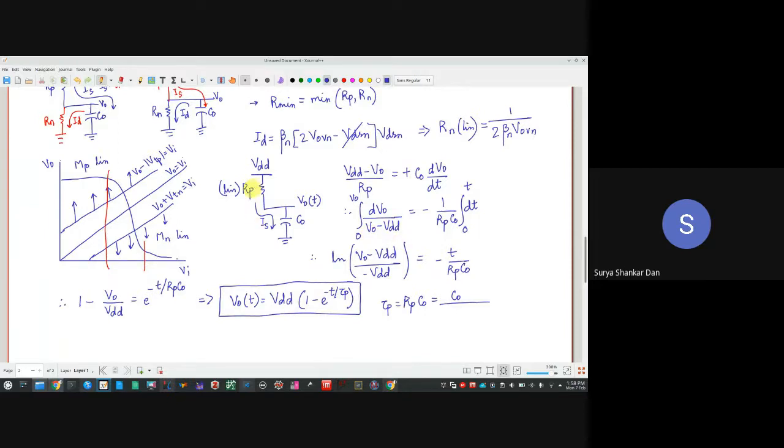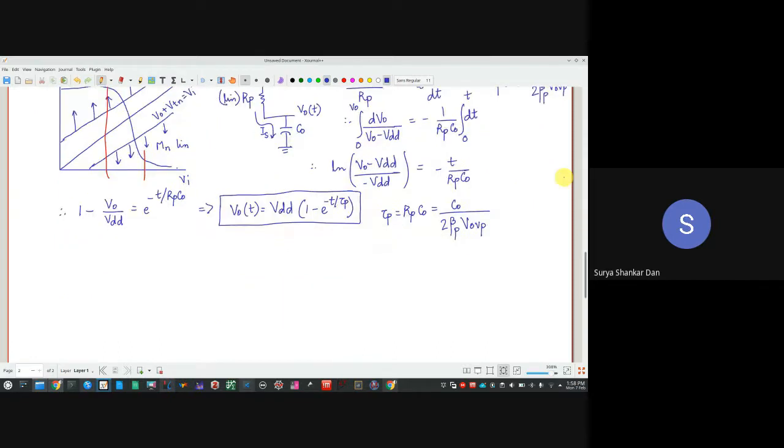So for the linear one, we have already seen this, replacing Rn with Rp, Rp in the linear region will be 1 upon twice beta p VOVP.